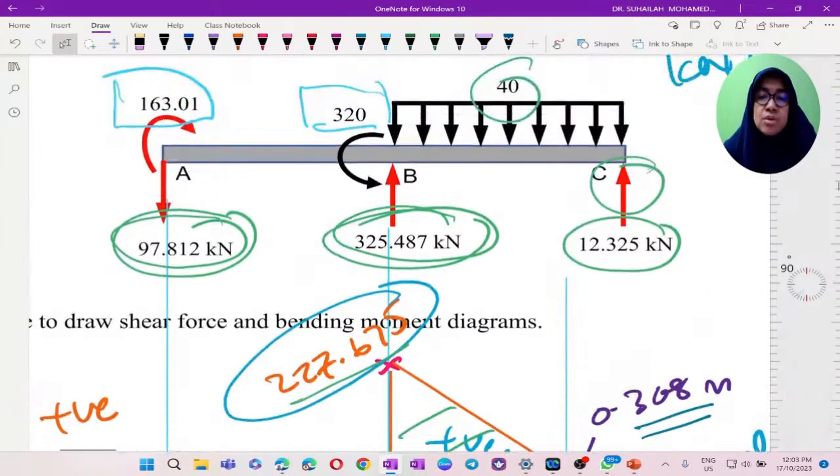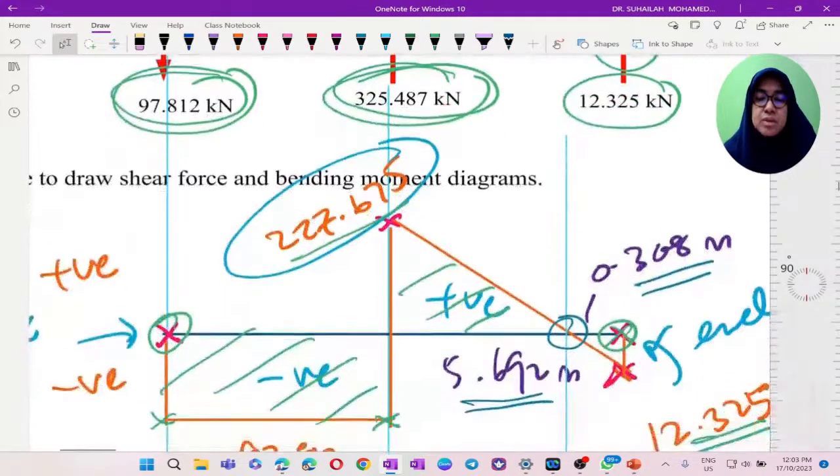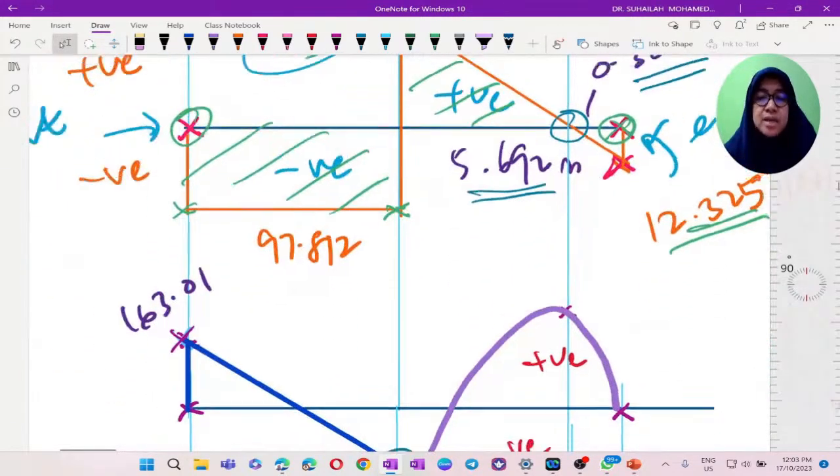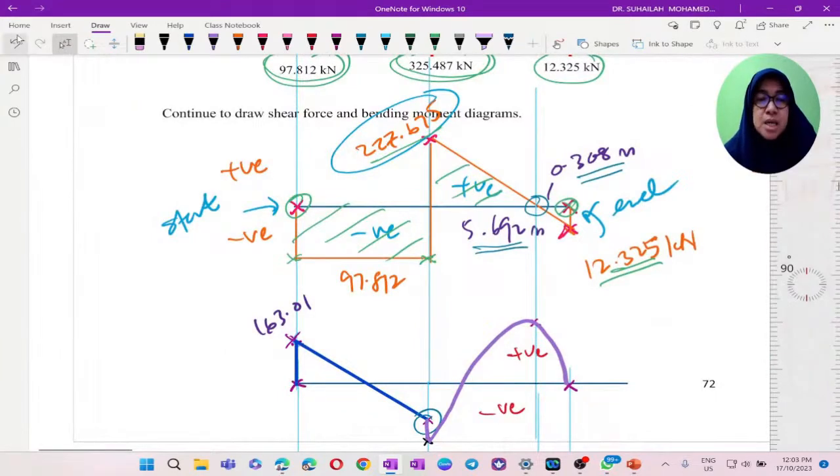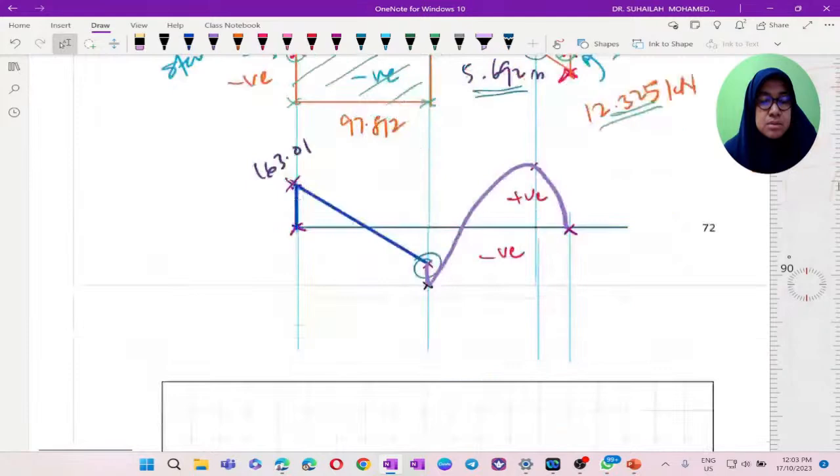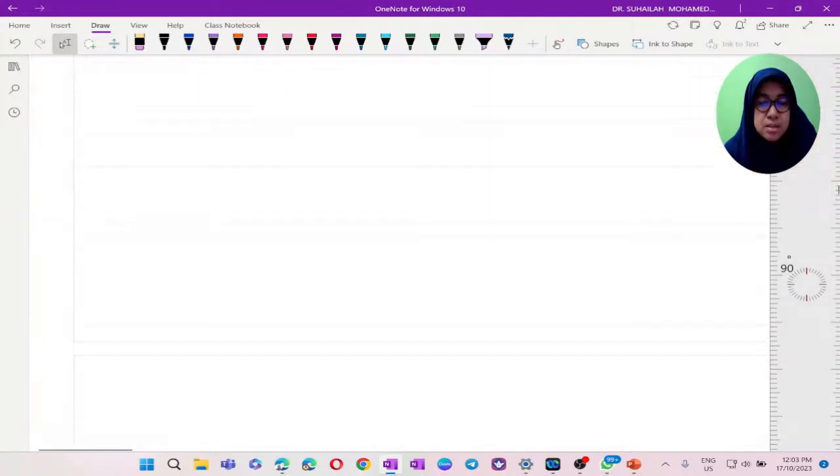You can draw directly from the diagram with all the forces inside. You can straight away draw the shear force diagram, and from the shear force diagram you can continue to draw the bending moment diagram from the area of shear force diagram. Okay, so this is beam analysis using the flexibility method. Let's move to next.